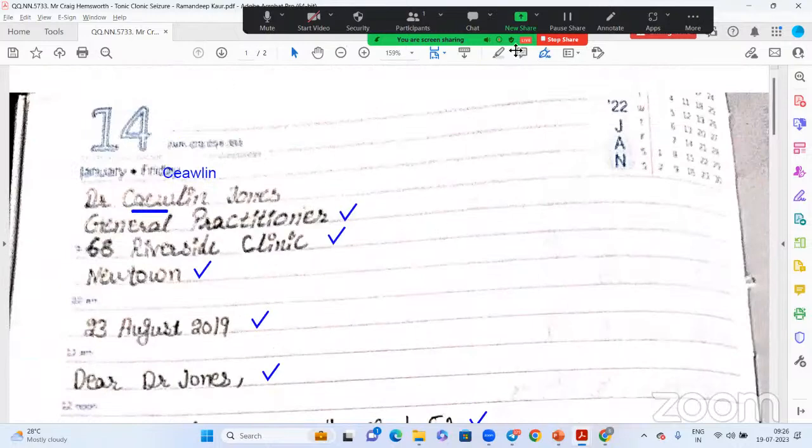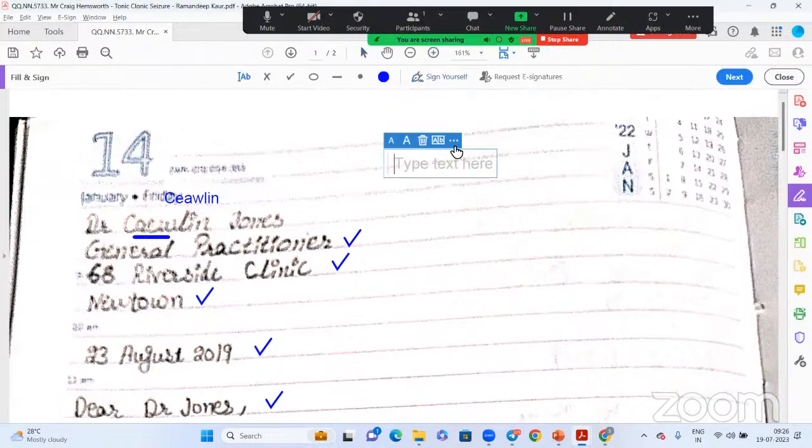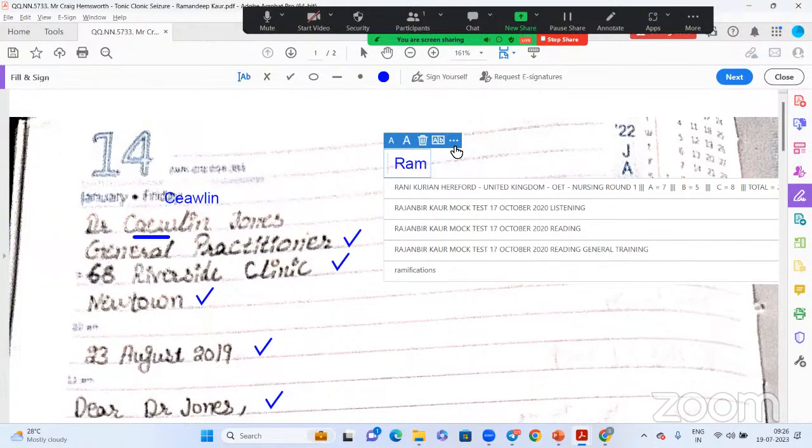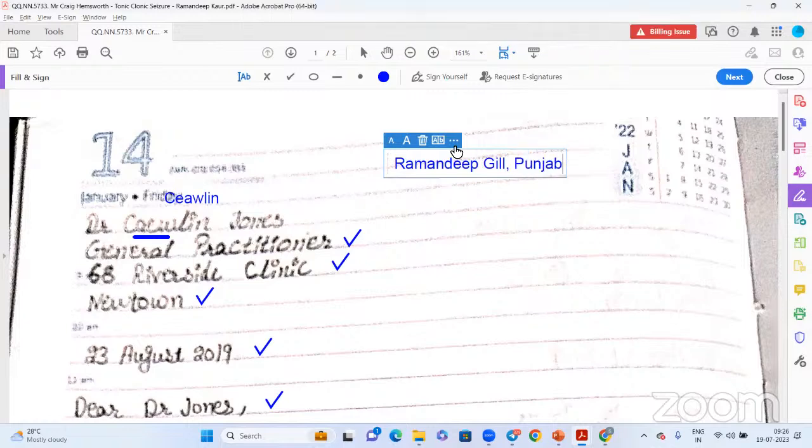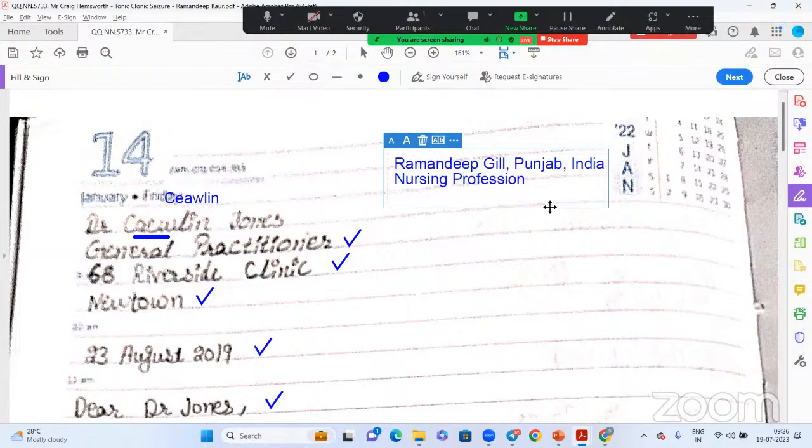So this is Ramandeep Kaur Gill, Punjab, India, nursing profession. Yes, and the date is 19th July 2023.